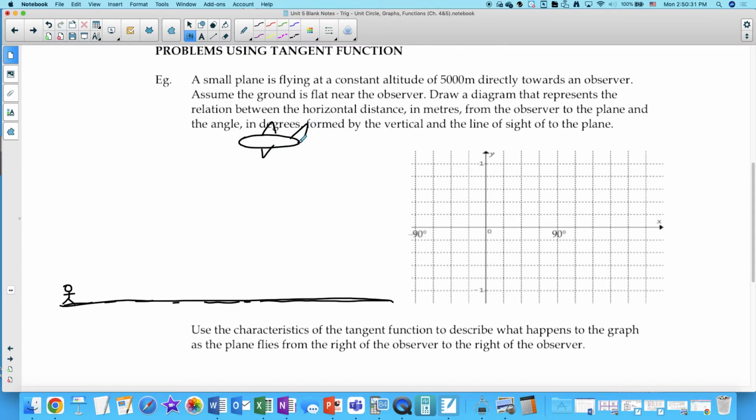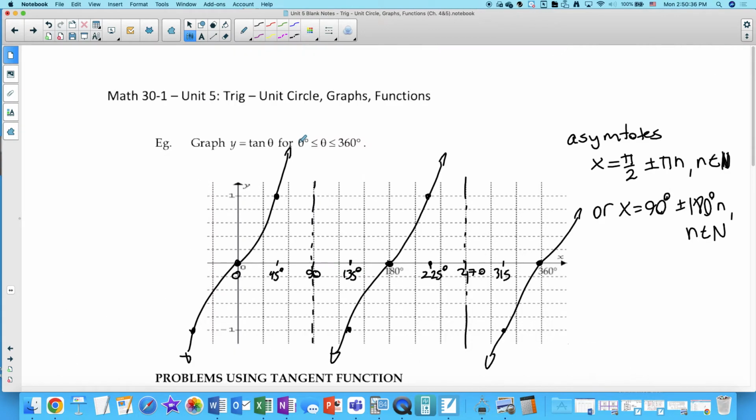Oh, you're right. Yes, you're right, there is a domain. So erase this.